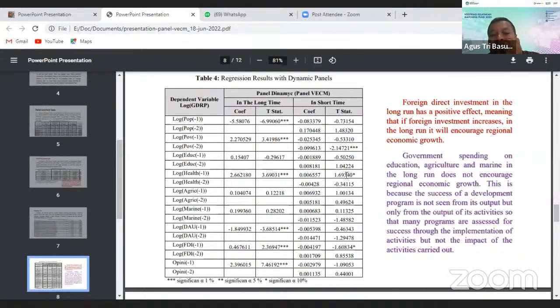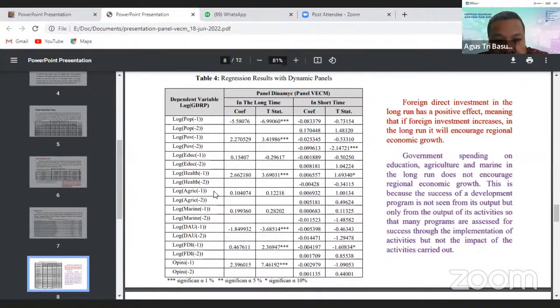But in the short run, for GDRP, you can see poverty in lag 2 can affect GDRP. The statistic is minus 2.14, significant at 1%.